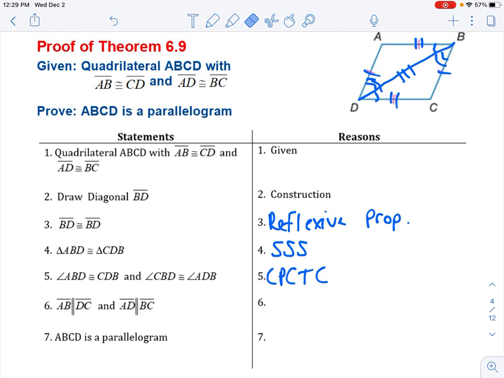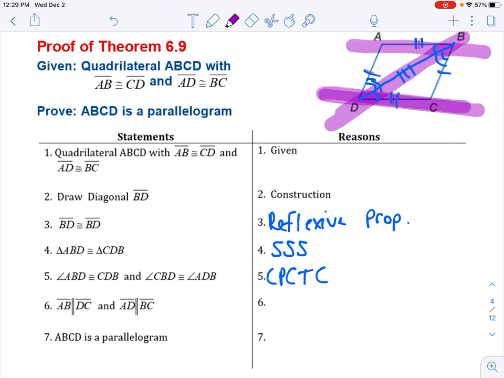We need to now say that these are parallel, and you're probably thinking, hold up, how do I say they're parallel? Well, if you look, we have two lines that I just made a little darker and a transversal. And notice how there are congruent angles there.